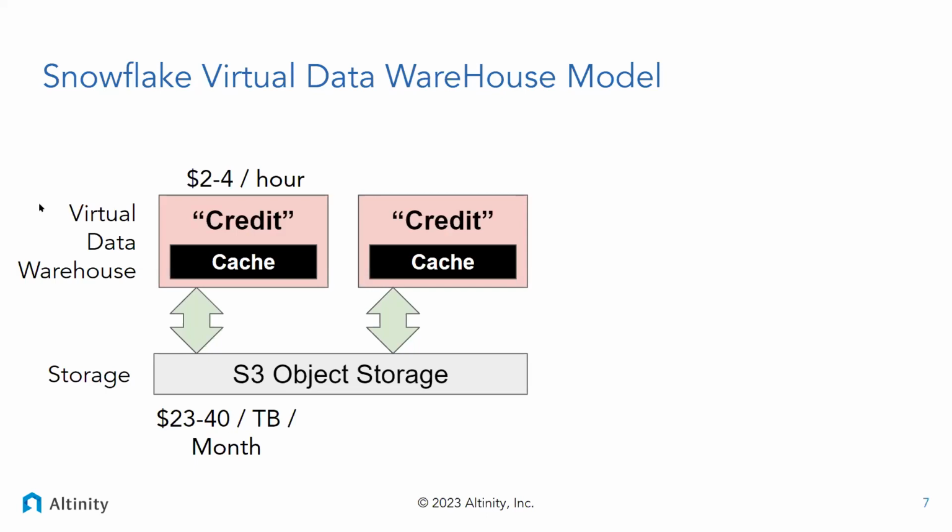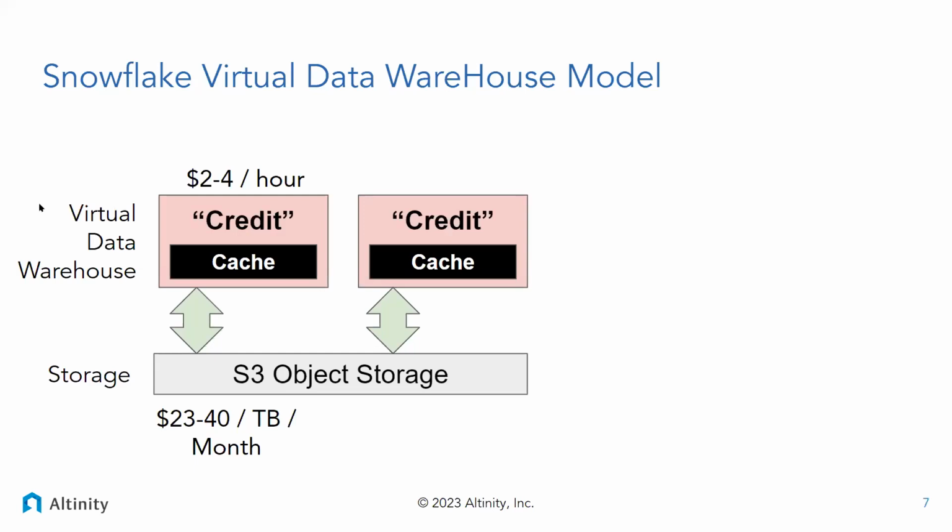So Snowflake uses something called a virtual data warehouse. It's a very innovative architecture. It stores the data in S3 object storage. They were, I believe, the first ones really to operate this model at scale. And then when you want to work on your data and run SQL queries, you create what are called virtual data warehouses, and you can have a couple of them running together.